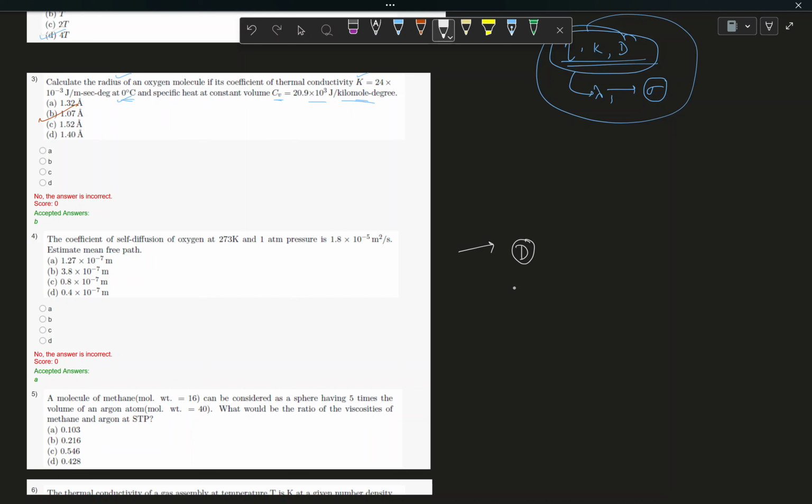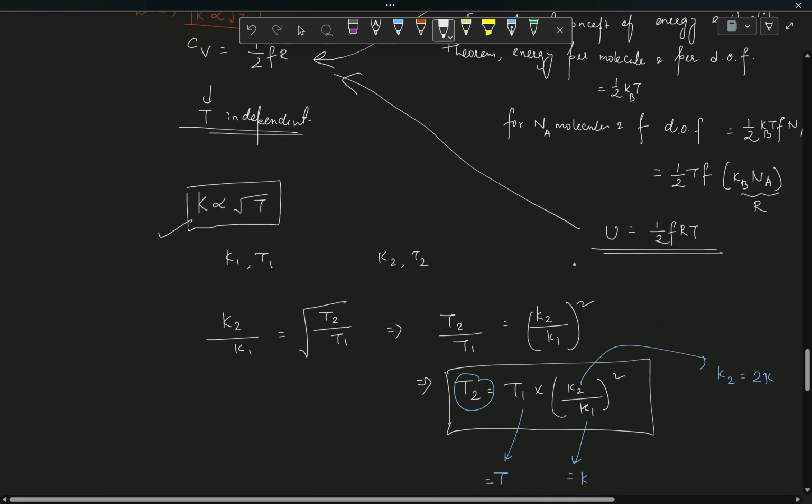Now also you have been given the information about temperature T and the pressure P, and the value of D is given, and you have to estimate what is lambda. So let us try to solve it.